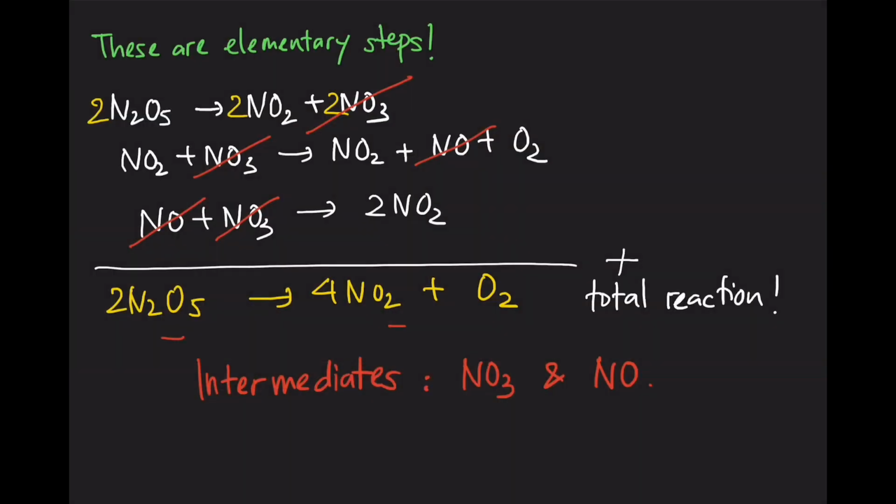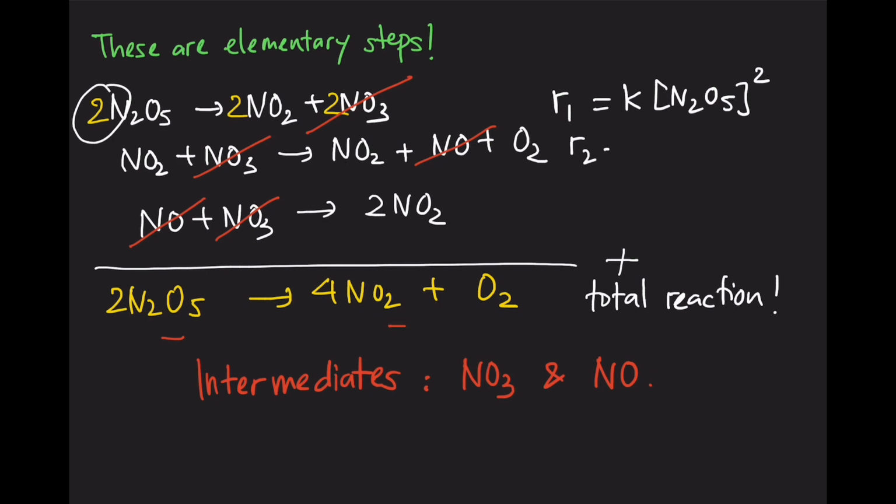Now, although it's not okay to take the coefficient as the order of reaction for the total reaction, it is doable for elementary steps. So say for the first reaction, the R1, or the rate of the first reaction, is equal to K N2O5 power to the second because it has 2 as its coefficient.